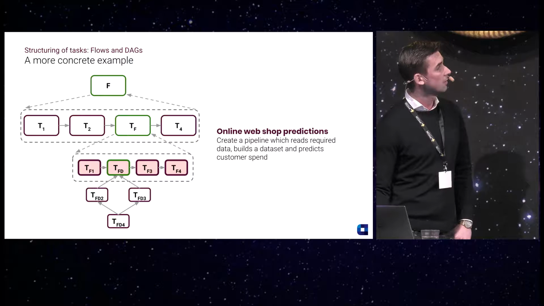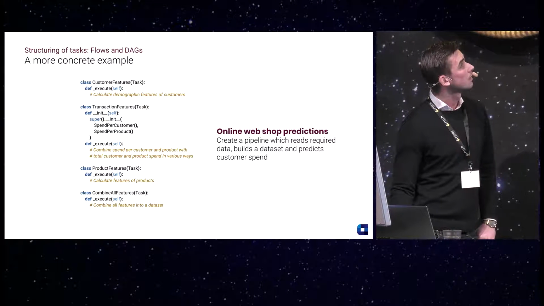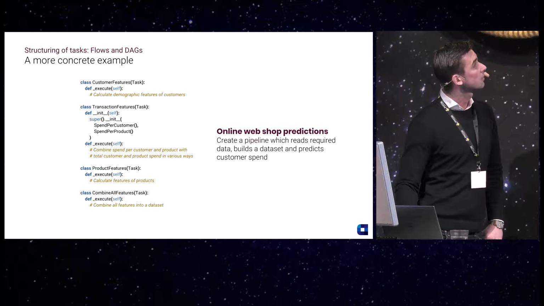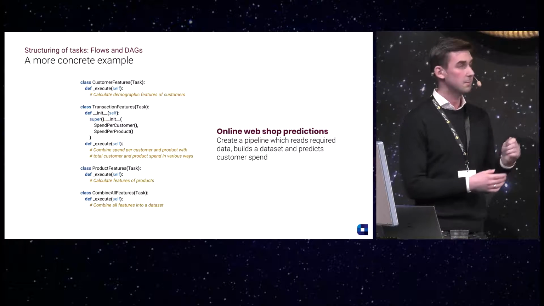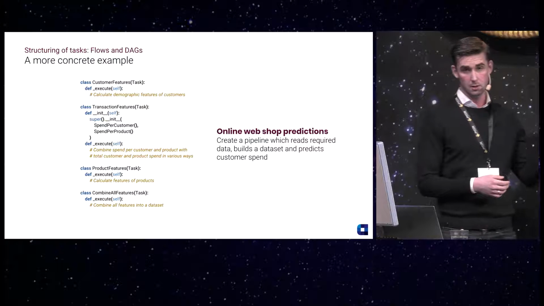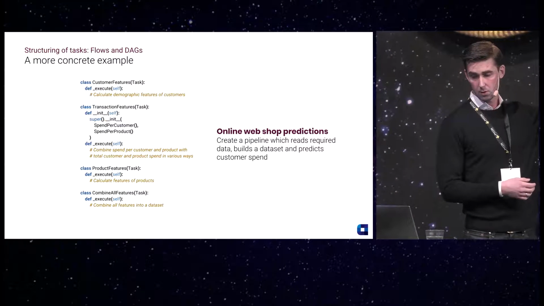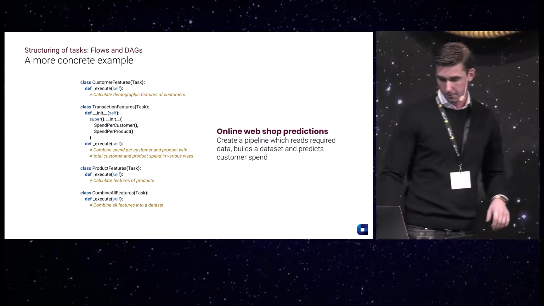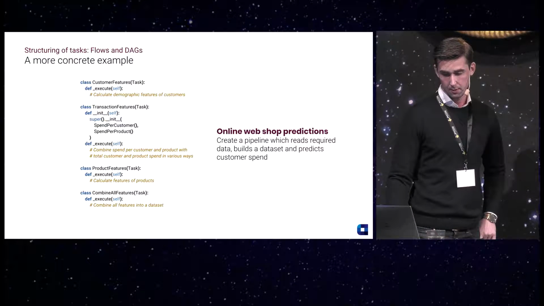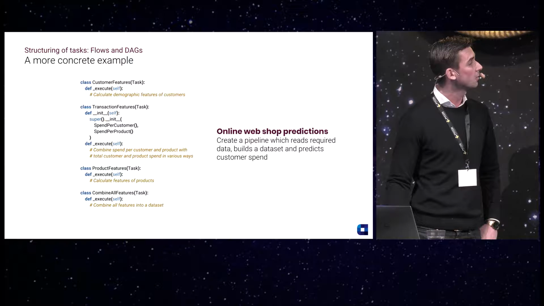And at the next level, we have some customer features, transaction features, and the transaction features in this case is a task, which is dependent on 2 tasks, the spend per customer and the spend per product. Then we have our product features, and then we can combine all our features.